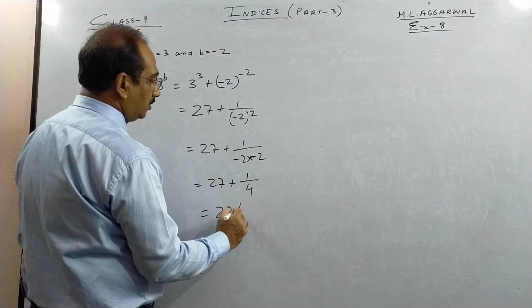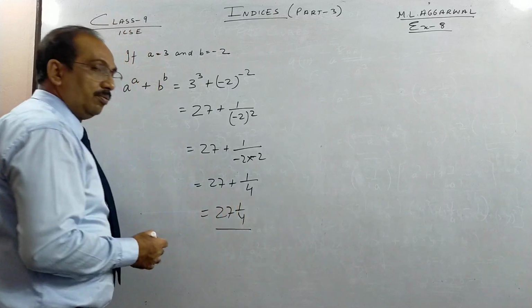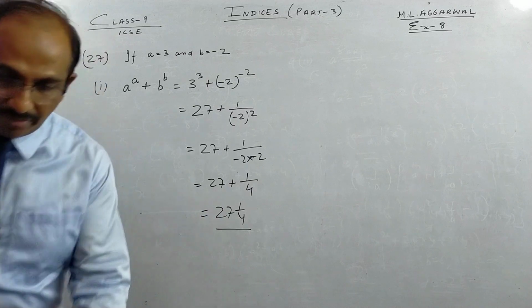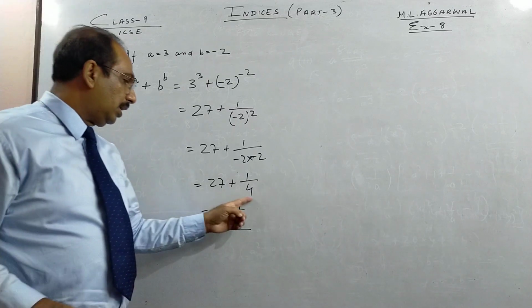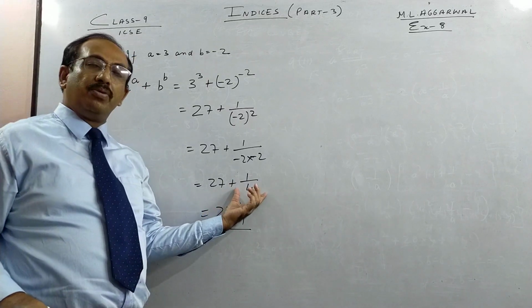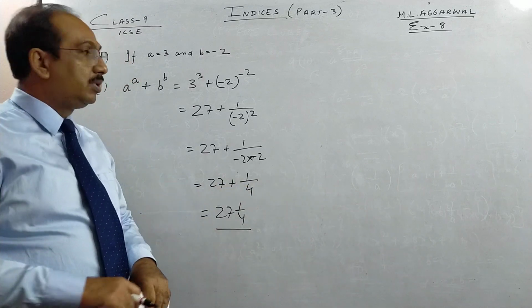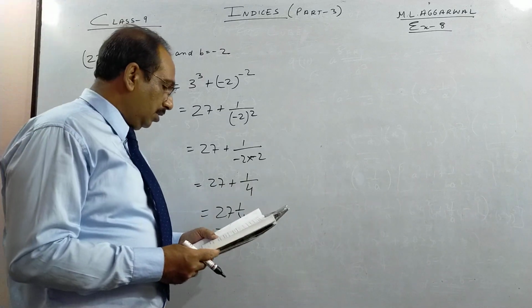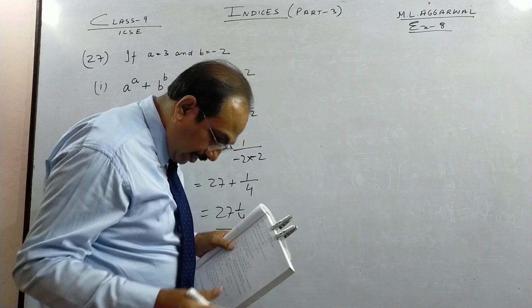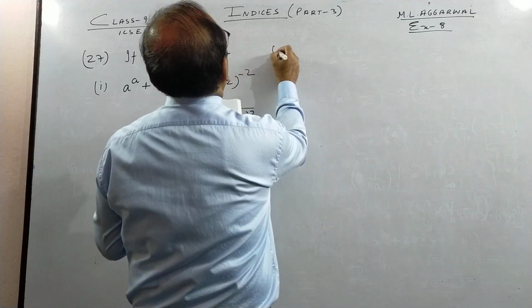So the answer is 27 and 1/4. Many people try to find the LCM, but if this is a proper fraction, simply put it next to 27.